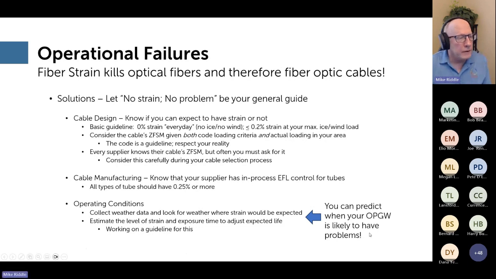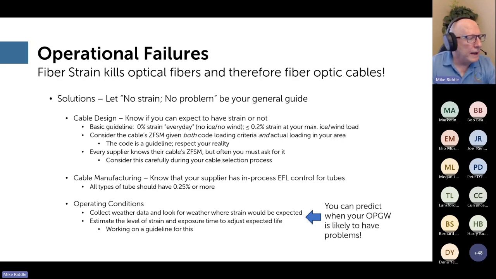And then here's a big one. You should be looking at your operating conditions and adjusting based upon reality, because if you collect the weather data and you know that you designed for a half inch, but you look at it and see that you're actually getting 1 inch of ice, well, that tells you you need to look at what the tension on my cable would be under that condition, and what the fiber strain is under that condition.